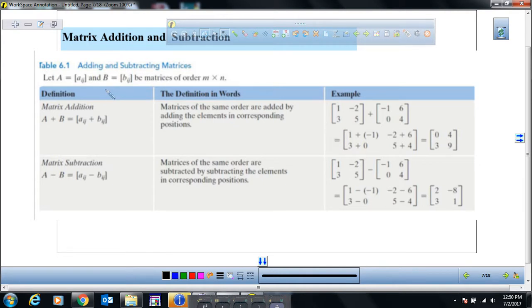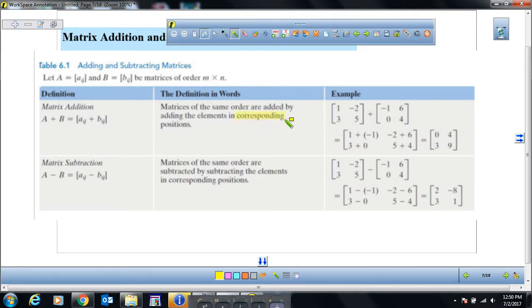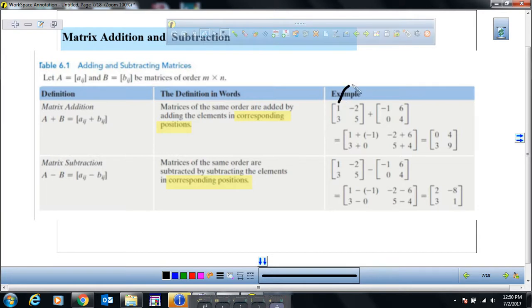Now, how do addition and subtraction work? We just add or subtract the elements in the corresponding positions. For subtraction, same thing. Subtract the elements in the corresponding positions. So, for example, the element in the first row, first column, if I add it to another matrix, I need to add it to the element in the first row, first column. That's what you see right here. The element in the first row, second column needs to be added to the element in the first row, second column.